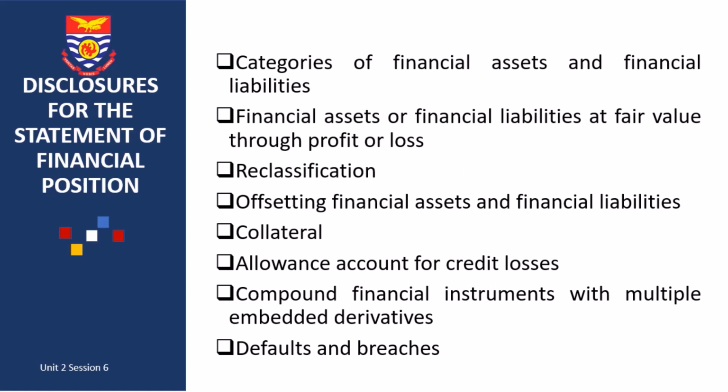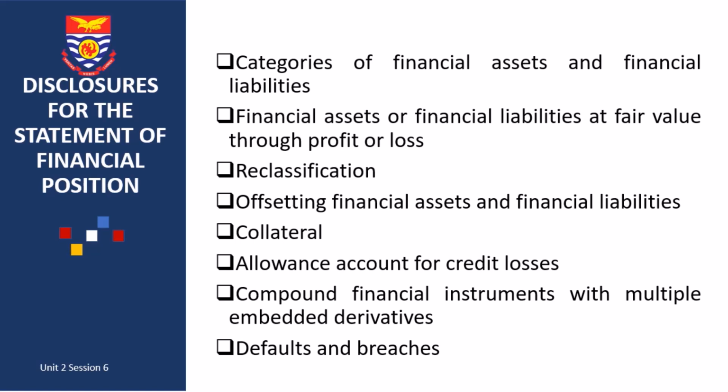And all these are the elements that form financial instruments. Remember, a financial instrument is a contract that gives rise to a financial asset of one entity and a financial liability or equity instrument of another entity. And these are all presented in the statement of financial position.